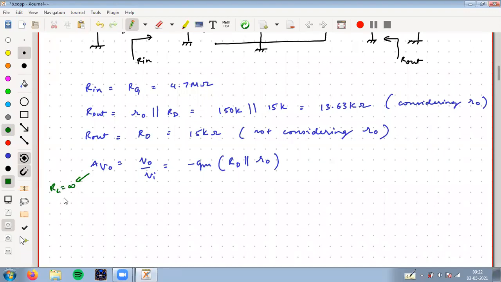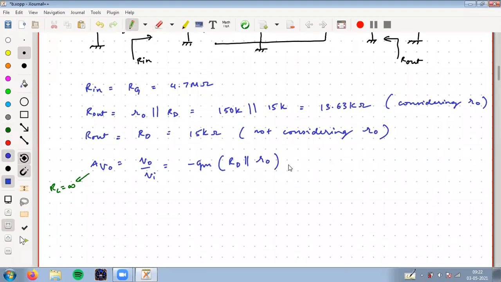If I write AV, then I have to consider RL, so it is minus GM into RD parallel R0 parallel RL. That is considering RL, but we are finding AV0 because that is what is asked.